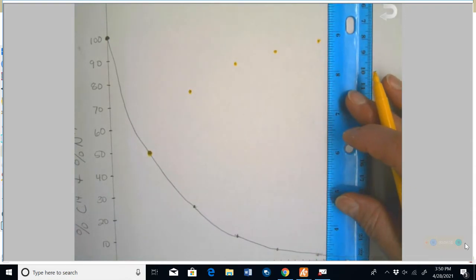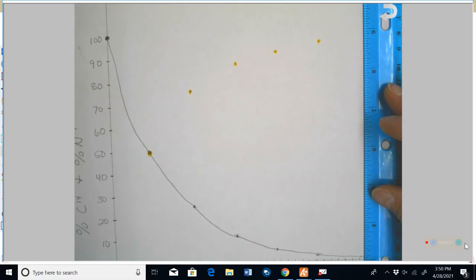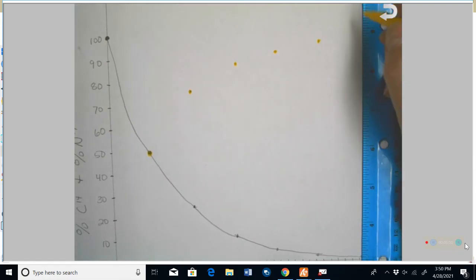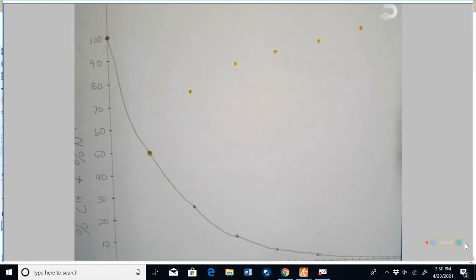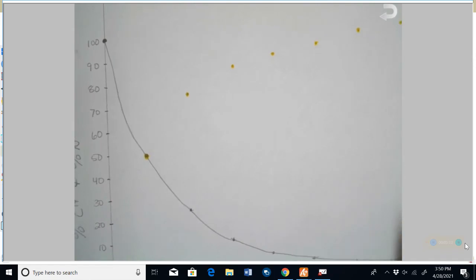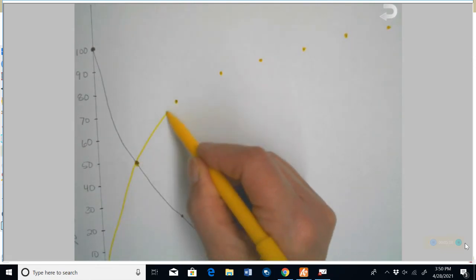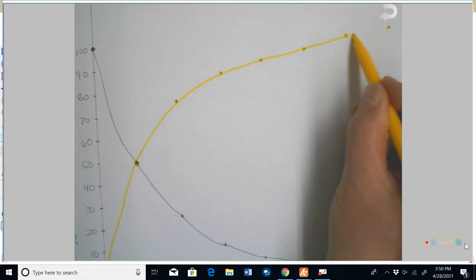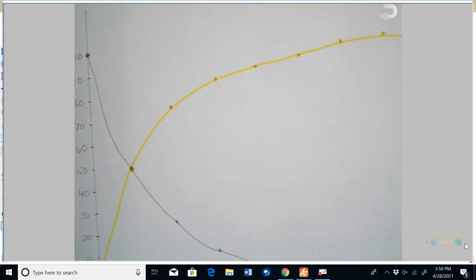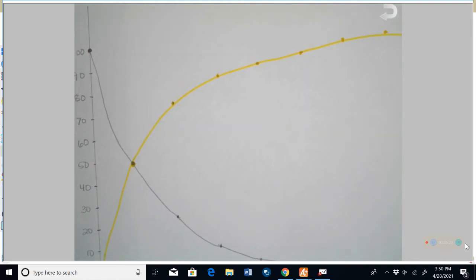And then after six half-lives, 34,200 years, I'm at 98%. And then after seven half-lives, 39,000 years, I'm up to 99%. It's hard to tell. I may have gone a little bit above my 100 line. But then when I connect those in a graph line, that's sort of what it should look like.